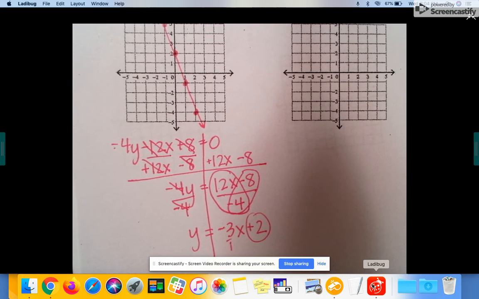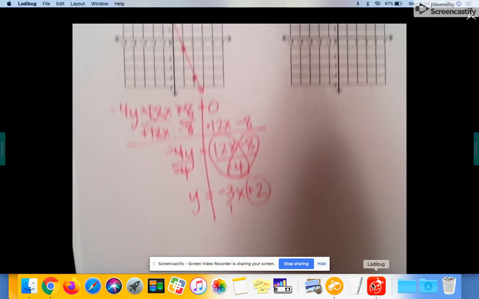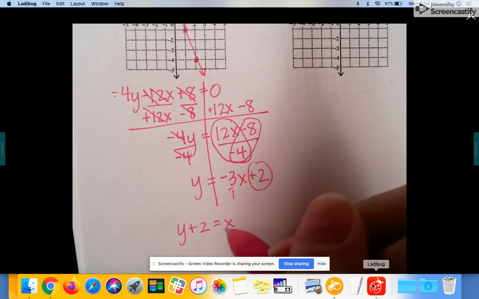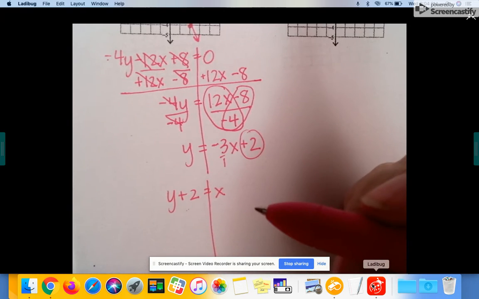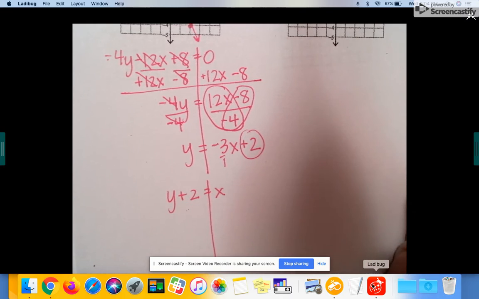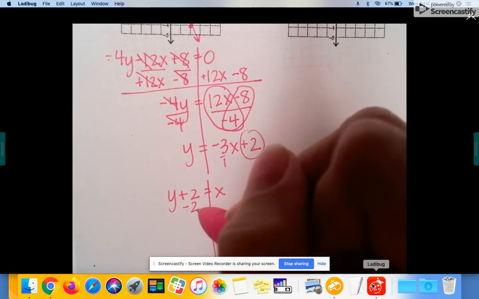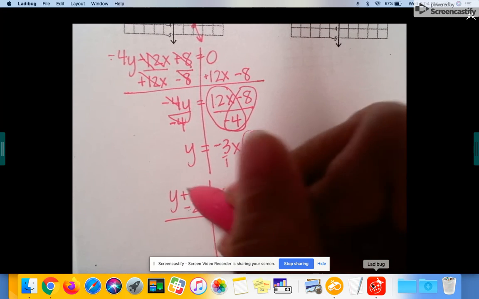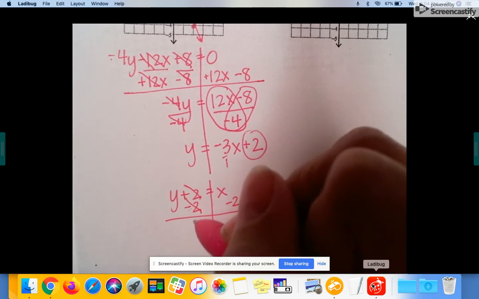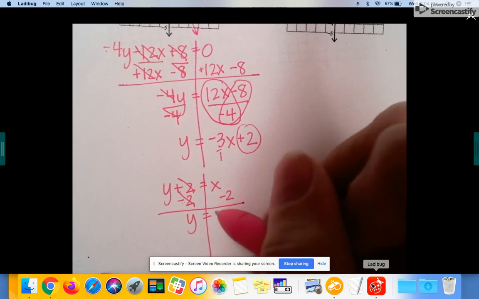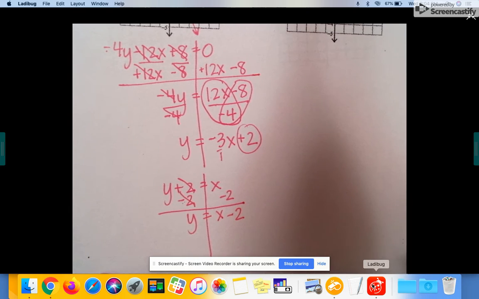The second equation on this graph is y plus 2 equals x. This one's super easy. Y is almost already by itself. There's only one thing you got to get rid of to get y by itself. You got to get rid of the +2 by doing -2. So y equals, remember you can't combine those, leave them separate, x minus 2.